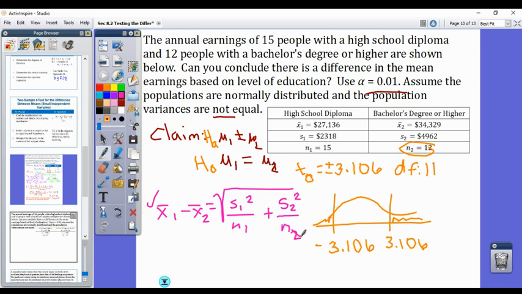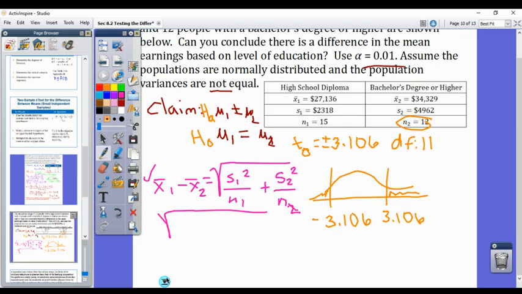Okay, let's see. 23,18 squared over 15 plus the second term.